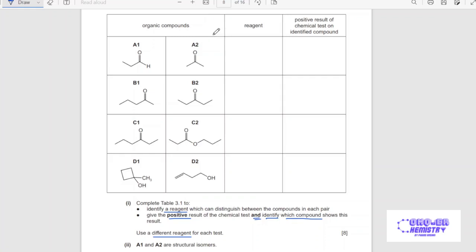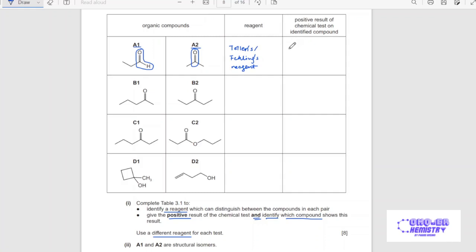So we have organic compounds A1 and A2. Now, A1, you can see that this is an aldehyde, and A2 is a ketone. So how do you tell apart an aldehyde and a ketone? It's pretty simple. You could use either Tollens reagent, or you could use Fehling's reagent. Either of them will be able to tell them apart. Now, what will be the observations?